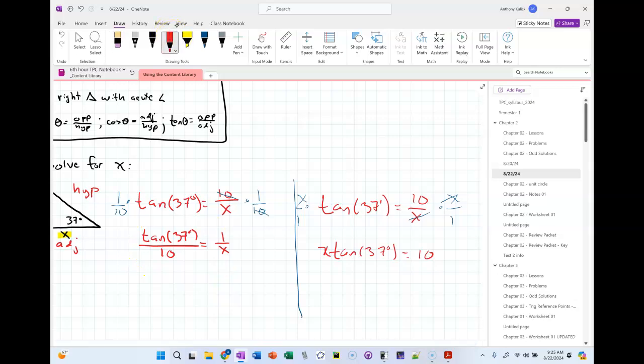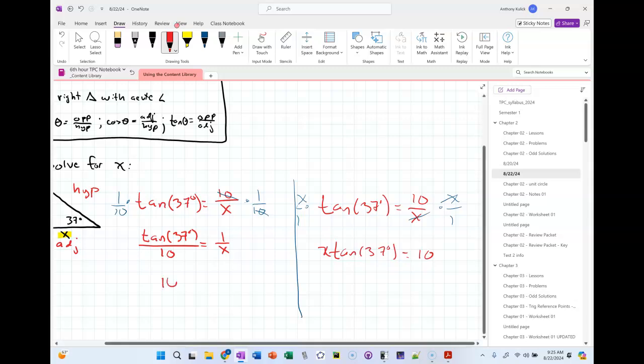Here's what we'll do. If we could just flip the 1 over x, that would be good, right? You can flip both sides of an equation. That's fine, as long as you're doing that same thing to both sides. So you could do that, and that's x by itself.